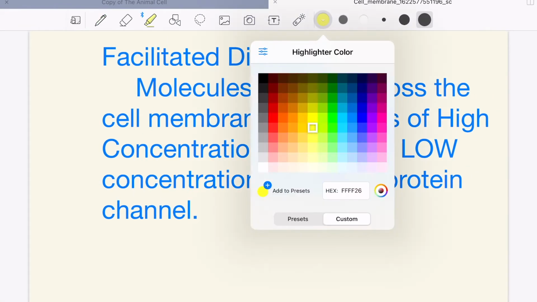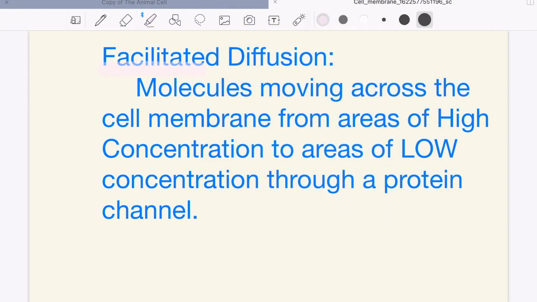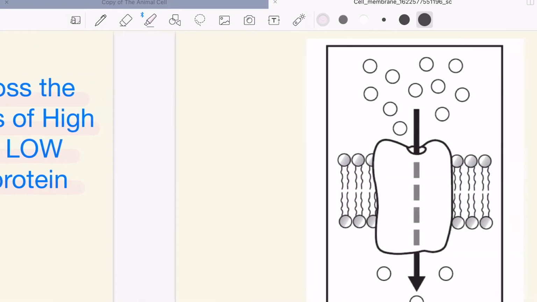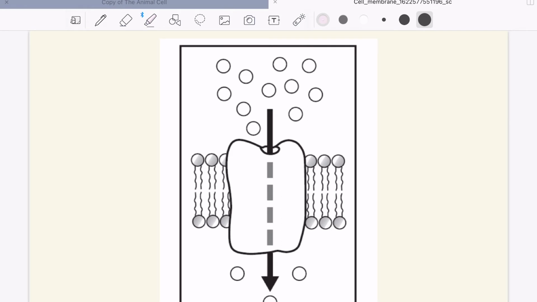Let's talk about facilitated diffusion. Facilitated diffusion is molecules moving across the cell membrane from areas of high concentration to areas of low concentration through a protein channel. Okay? Now, let's take a look at what the Regents is showing us.